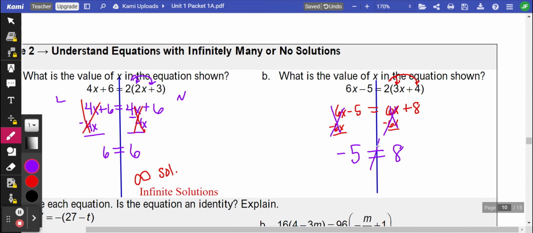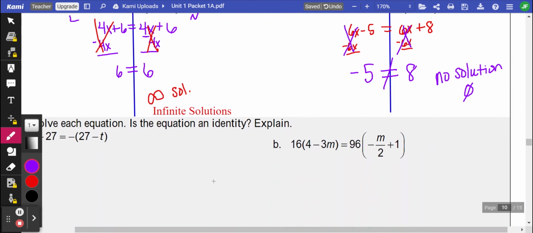So I'm going to put a not equals sign. This is not possible. -5 will never be the same as 8. So our answer here is actually no solution, or what we call the empty set for a symbol. And those are our special cases.